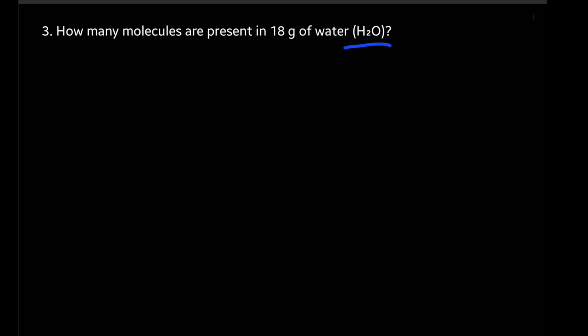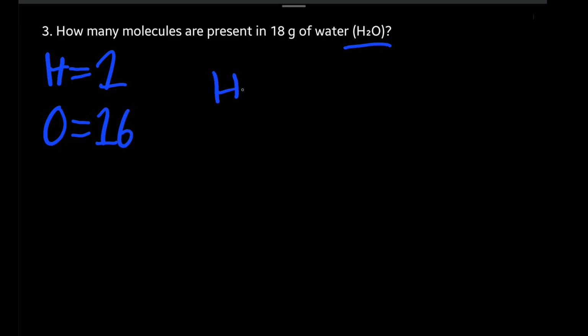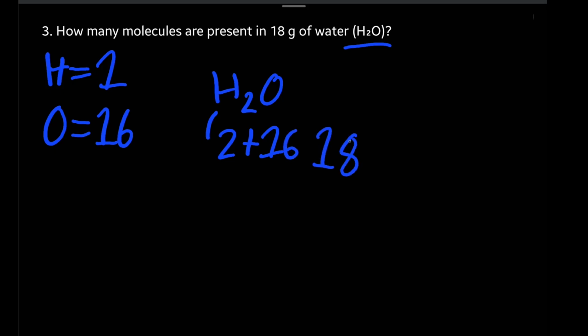So again, H is equivalent to 1, and oxygen is equivalent to 16 molar mass. H2O, 1 times 2 is 2, plus 16, we get 18 grams per mole.